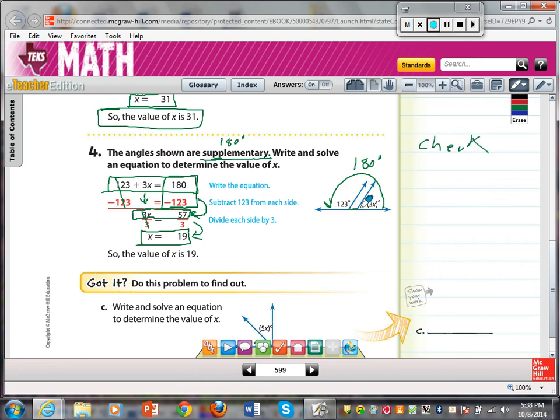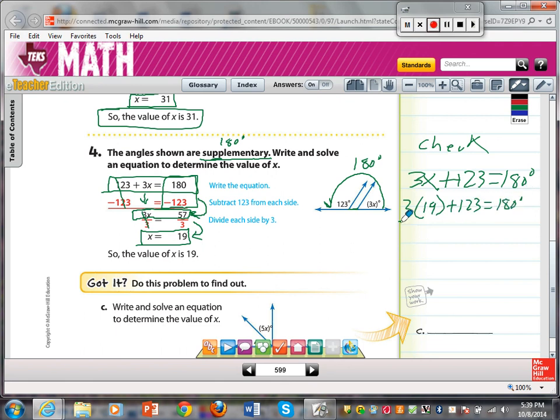So I take my 3x plus I have to add it to 123, and all that has to equal 180 degrees. Okay, so I'm going to substitute 19 for x. 3 times 19 plus 123 equals 180 degrees.